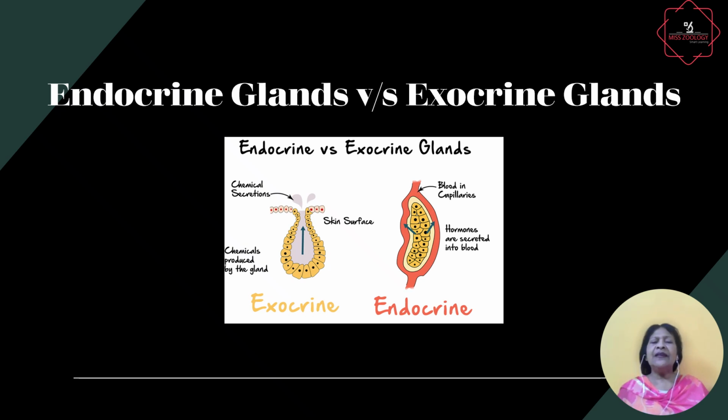So, endocrine glands secrete hormones, while exocrine glands produce enzymes. I think these 2 points would be enough the way I spoke to you. You need not stretch them into longer sentences in order to again explain the hormones and the enzymes in the question on differentiation. Let's go to the next one.